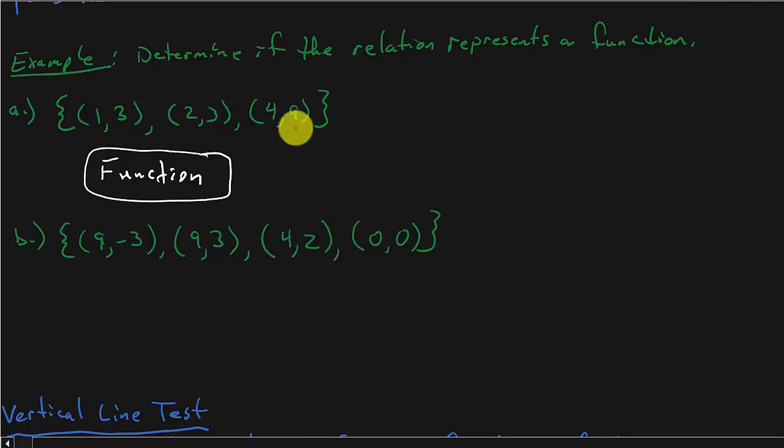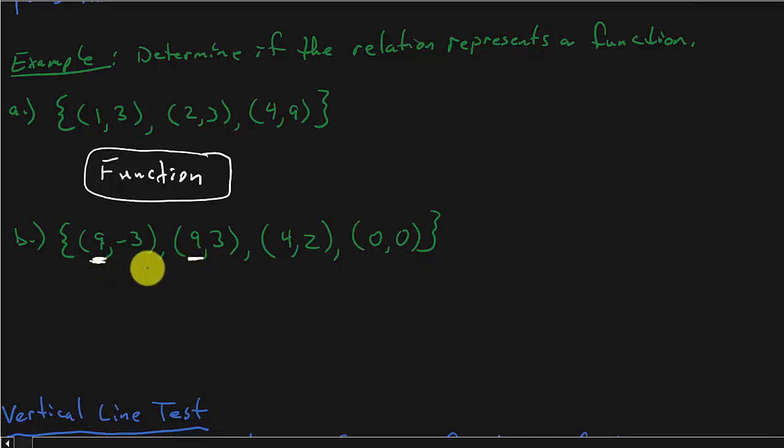All right, so the first one is a function. Now let's look at this second one here. So we've got this set of ordered pairs. Remember, you cannot have the same x value with two different y values. So if you look at this, notice this point and this point here.